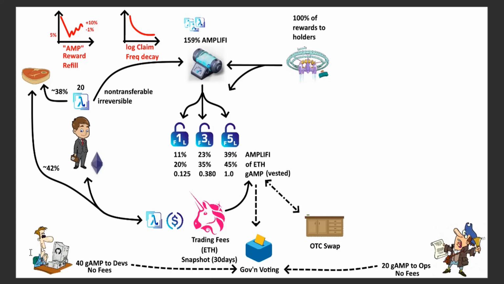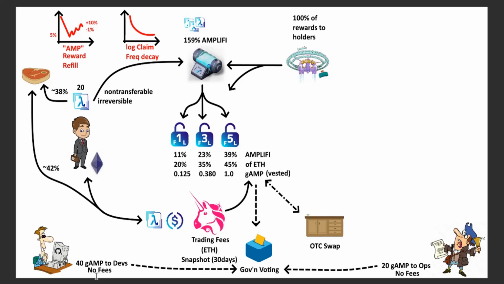So the developer teams and the ops teams, so basically the guy who reached out to me and then the coders and so forth, they pre-minted themselves some GAMP tokens. So 40 to the devs and 20 to the ops teams. Now these GAMP tokens are not privy to this ETH, so they don't get these trading fees.